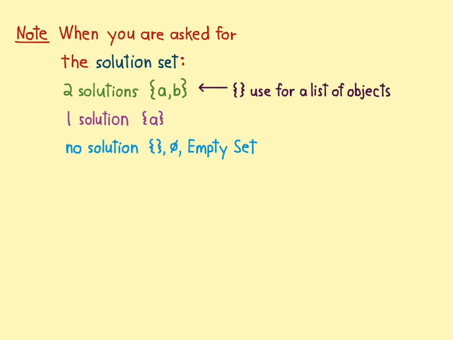But you're not supposed to put anything in the box because there's no solution and the box is only for solutions. Same thing if there's a blank space as one option, and then the other option will be empty set. I think usually if they have empty set or no solution as an option, they have a box rather than just a space though. Okay, so be careful of that.